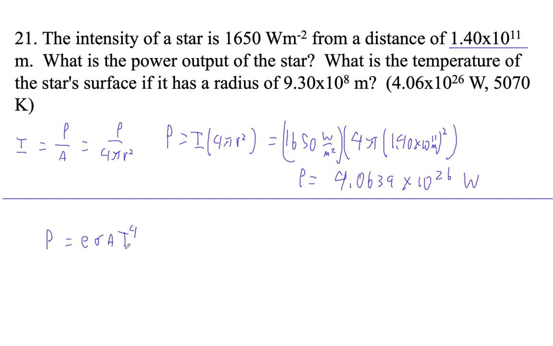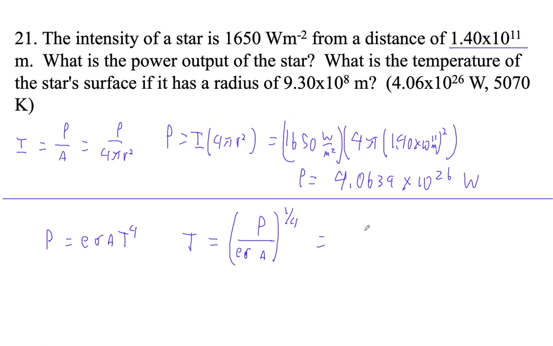Okay, so let's see. We're solving for temperature. So temperature is just going to be power divided by the emissivity, sigma, the area, and then that's going to be raised to the 1/4 power. So let's do that.